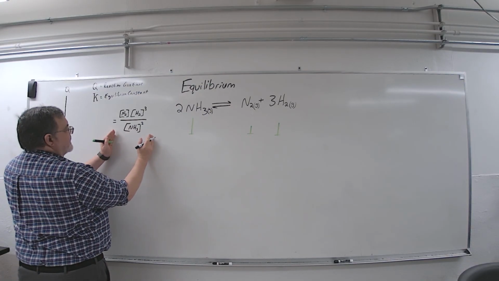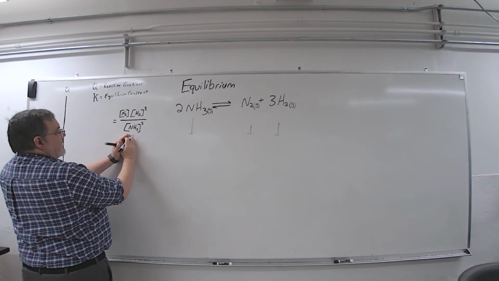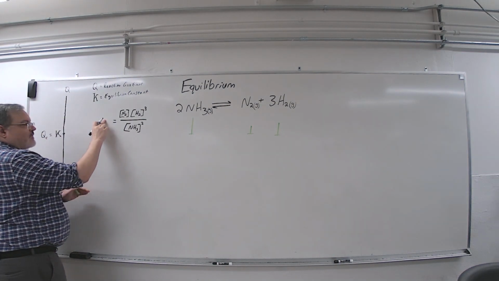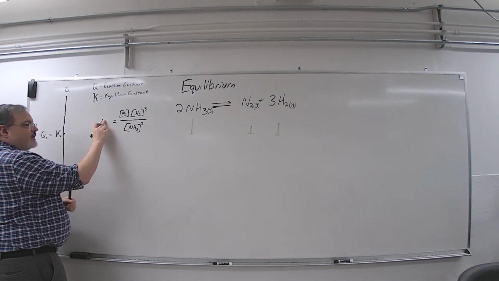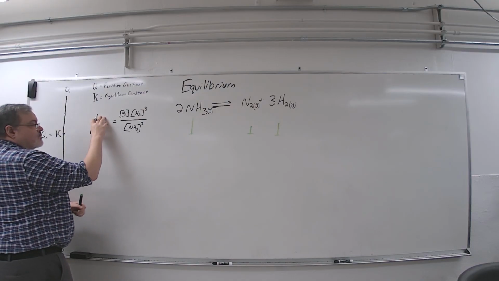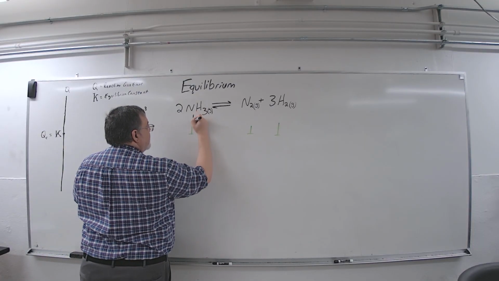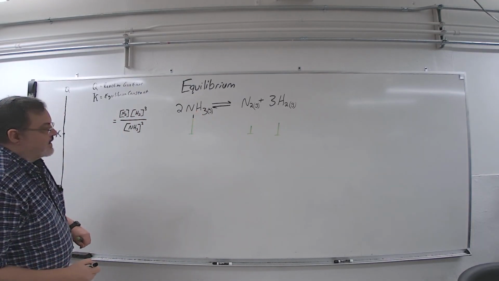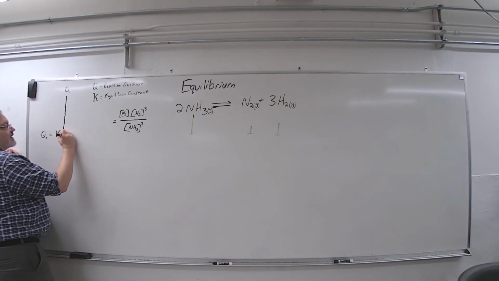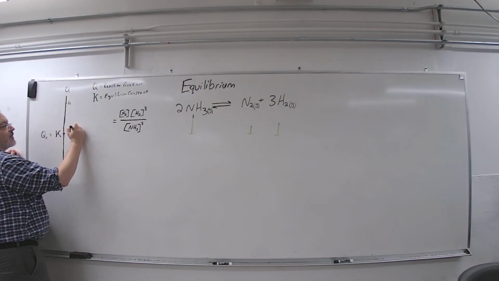If this goes up a little bit, or think about it as a lot, just to be clear, but if the denominator increases some, what is that going to do to the value here? Huh? It gets smaller. The answer to this equation will be smaller right after you squirt some extra NH3 in there. So there's my extra NH3, the black there. At that instant, you've made this calculation bump up to here. So now you've got a Q up here.